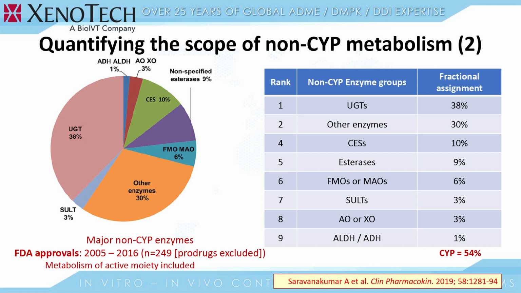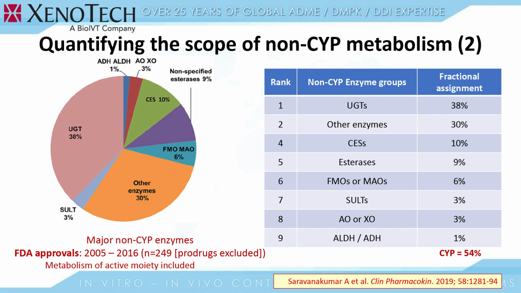But they did look at the metabolism of the active moiety of these drugs. So similar to Cerny's findings, they found that out of all the drugs that were approved, a majority of them were metabolized by UGT enzymes. And again, this is looking at the major non-CYP enzymes. So other than CYPs, a majority of the enzymes involved in the metabolism of these drugs were UGT enzymes.